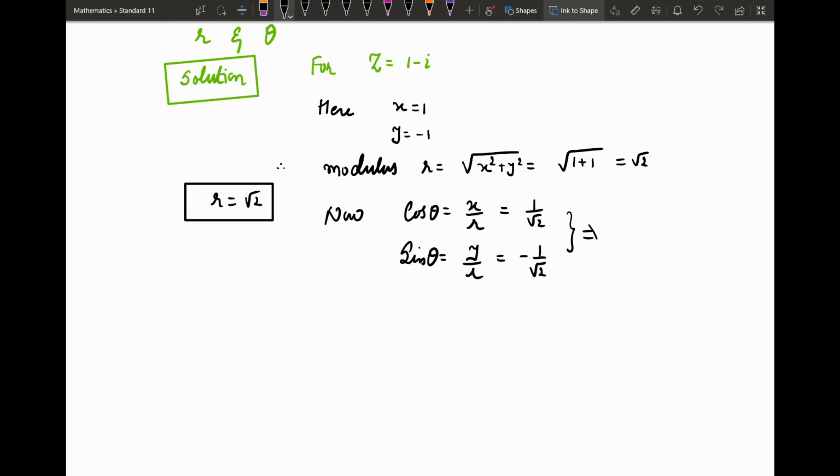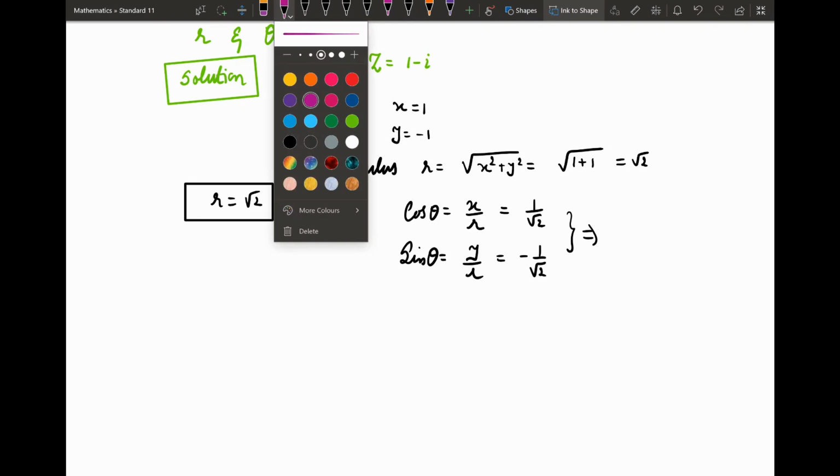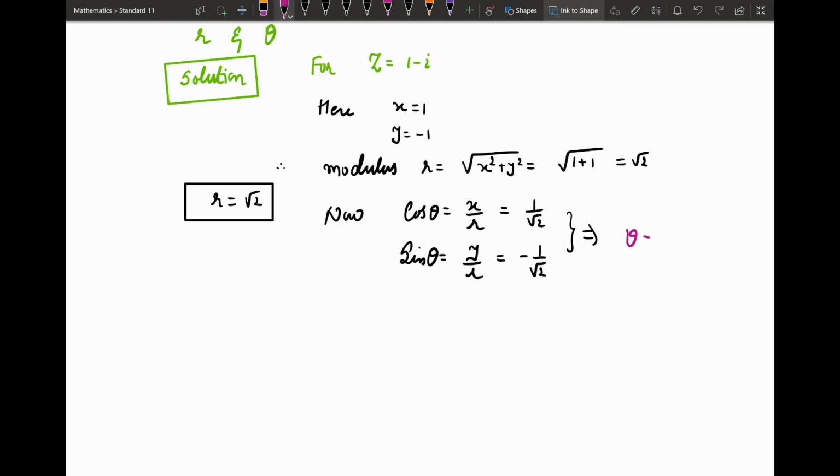So this implies, now cos positive, sin negative, that means fourth quadrant, so our theta will be minus pi by 4. This is principal value of argument. Only follow this basic principle. First quadrant theta, pi minus theta, minus pi plus theta, and minus theta.